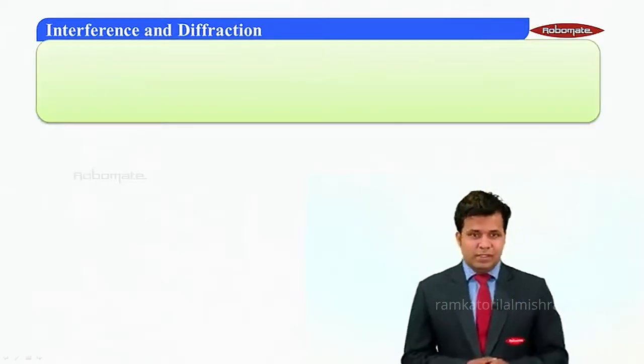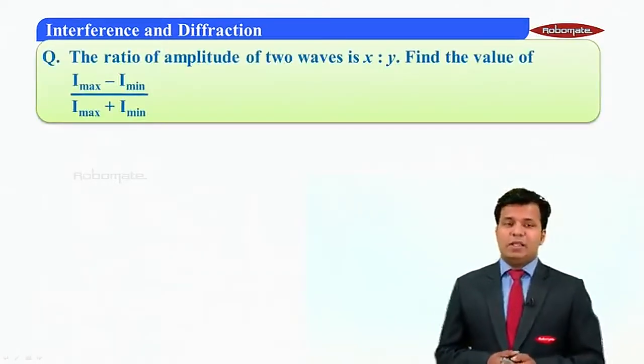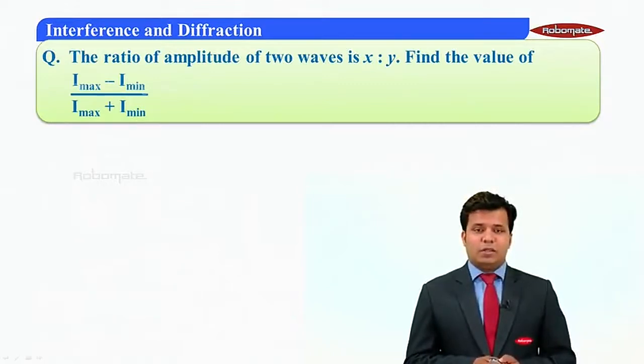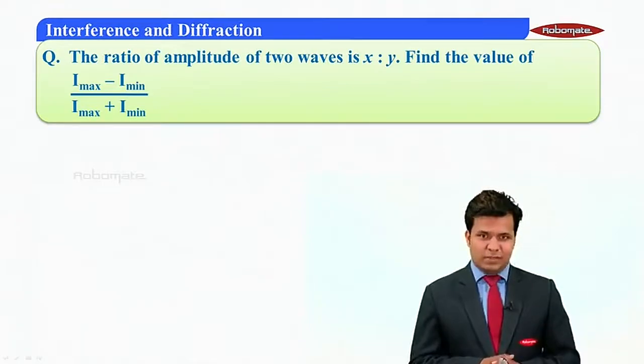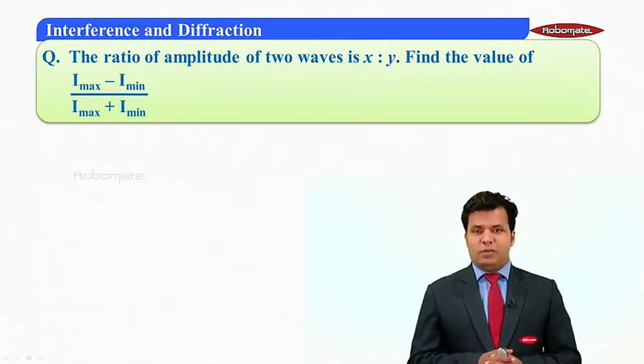Now, second numerical. The second numerical is, guys, about I max minus I minimum upon I max plus I minimum.